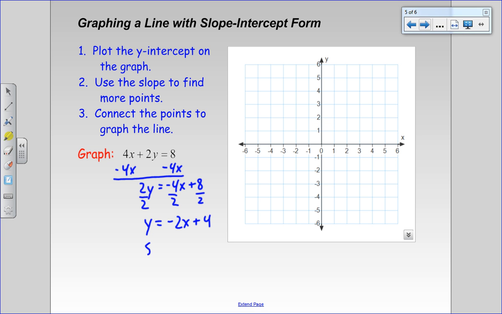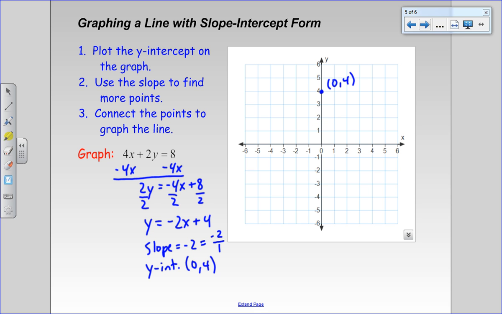This equation has a slope of -2 and a y-intercept of (0, 4). So to draw the graph, we start at that y-intercept, (0, 4). And since our slope is -2, remember that this would be a rise of -2 and a run of 1.